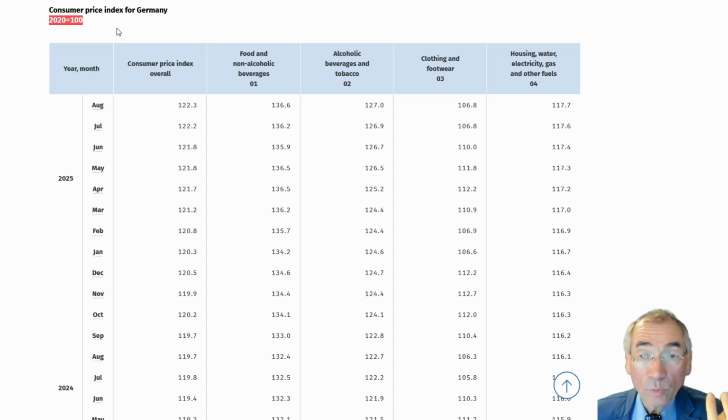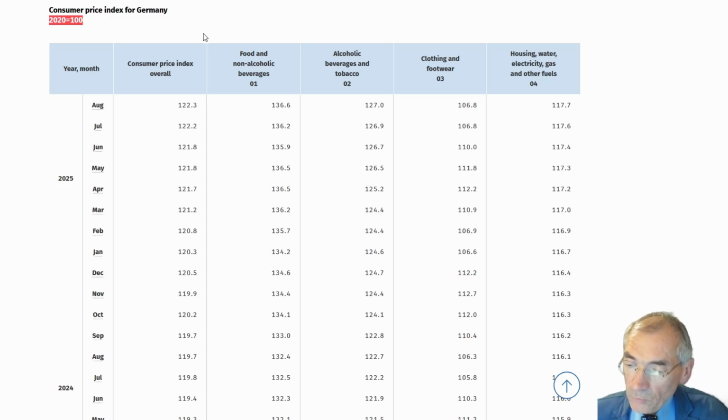What is that? What do we learn from this? I'd like you to prepare, especially this part, for our class discussion. Make sure you have an idea when you come. What does that mean, 2020 equals 100? What can we do with this?